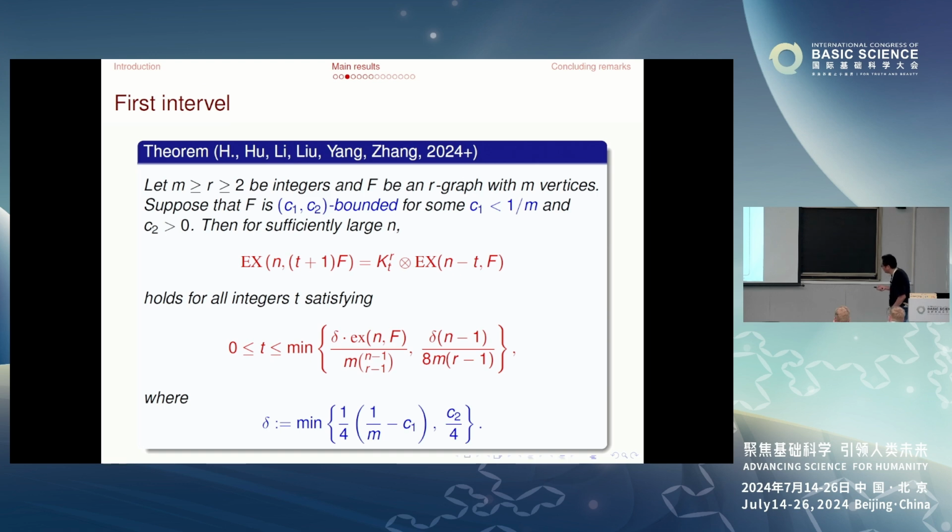Here we need t to be at most this one. Delta is something like this, a constant depending only on C1, C2, and F. Okay, this is our first result.